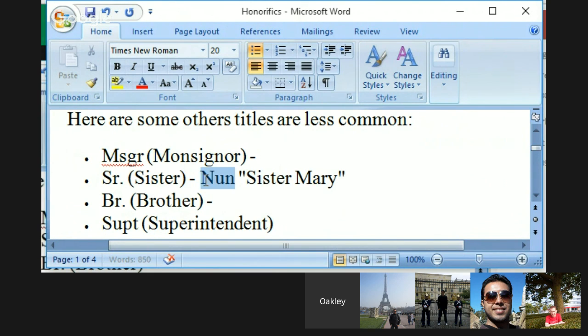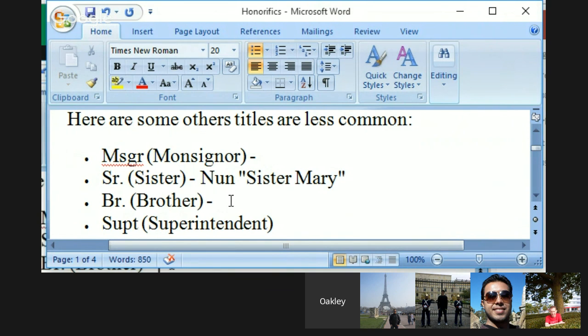Yeah, a nun is a sister. So if you don't know her name, you would just address her as sister. Just a nun walking down the street. But if you know her name, then you use her first name and the honorific. Sister Mary, Brother Paul.